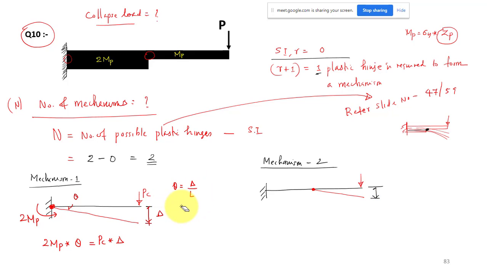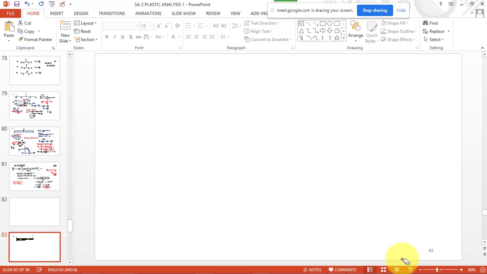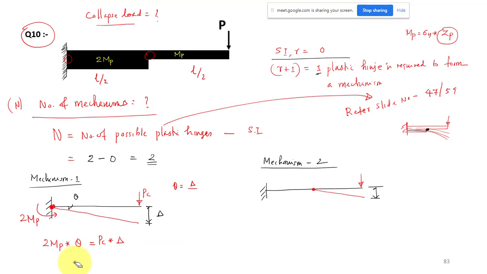Let us take this as L by 2, and this as L by 2, so total L. Now we can substitute delta in terms of theta and simplify. So delta equals L times theta.